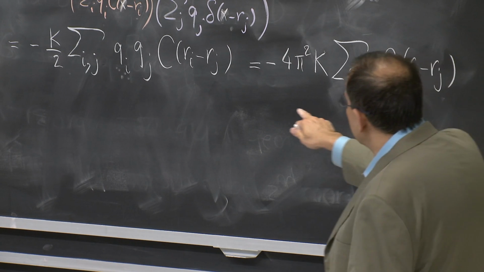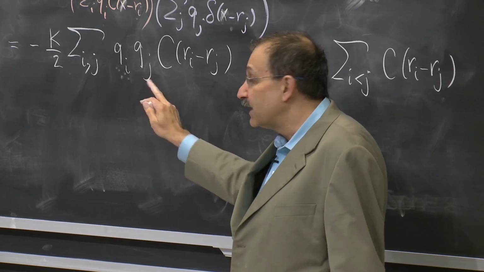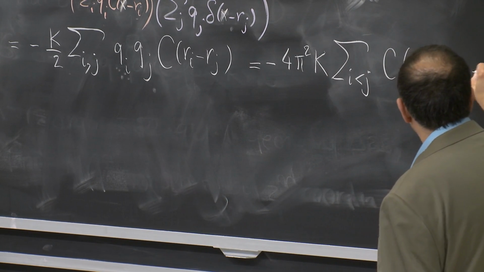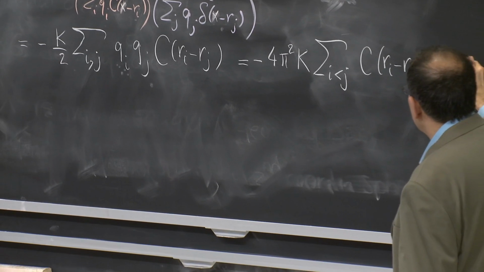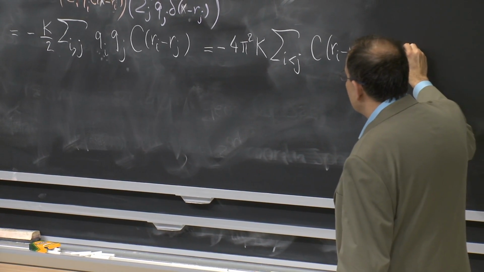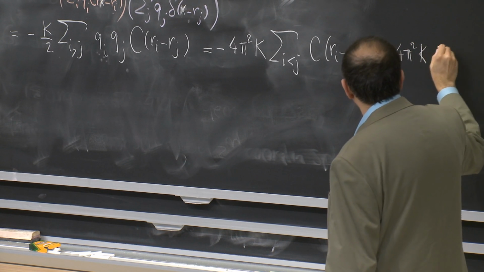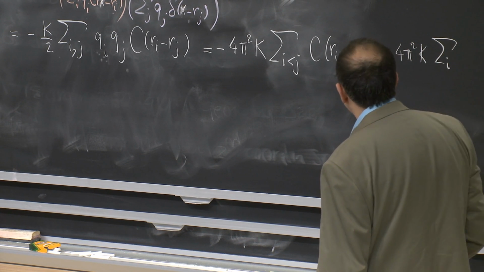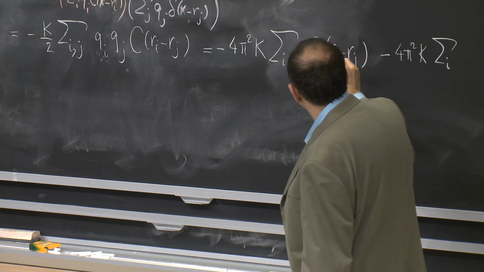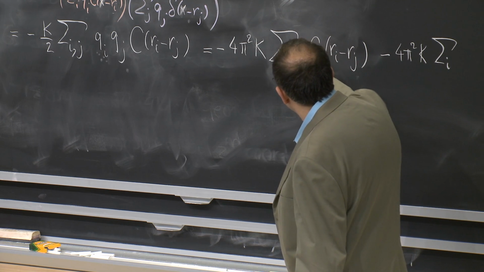And then there's a term that corresponds to i equals j. So I will have a minus, let's say, 4 pi squared k sum over i, and I forgot here to put ni and nj.